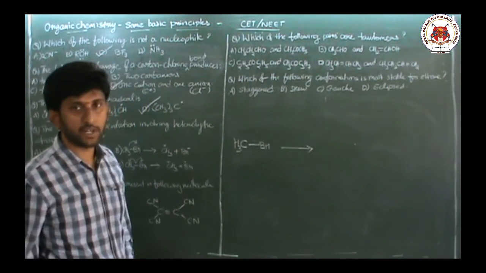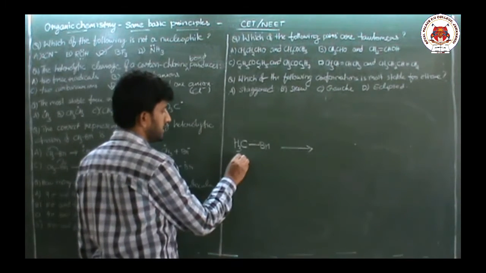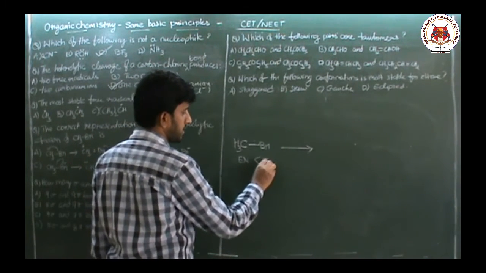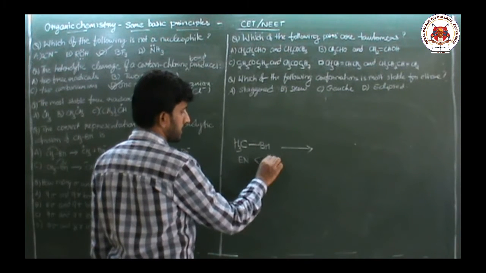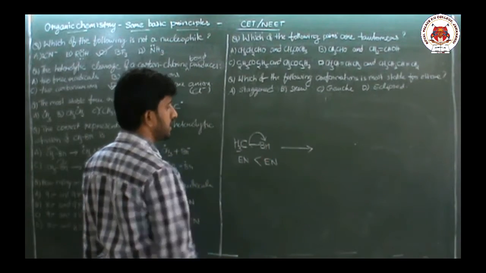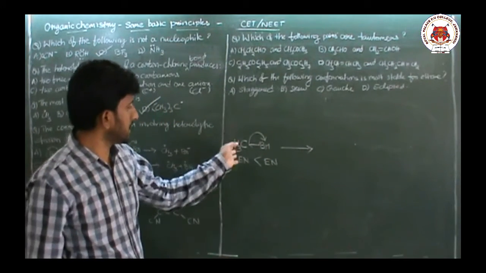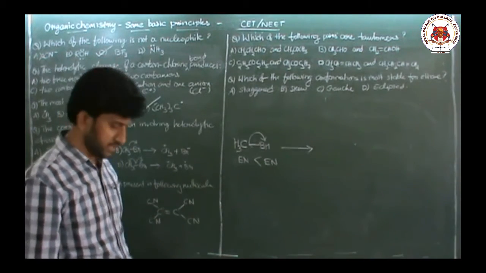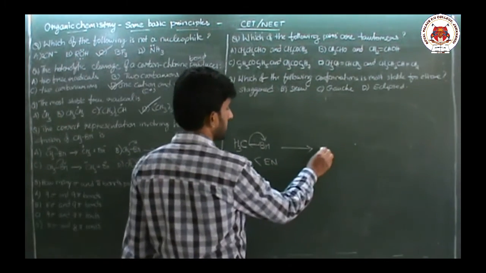Heterolytic cleavage means, as I said, carbon's electronegativity is less than bromine. So the electrons should move towards the bromine. That should be the cleavage.